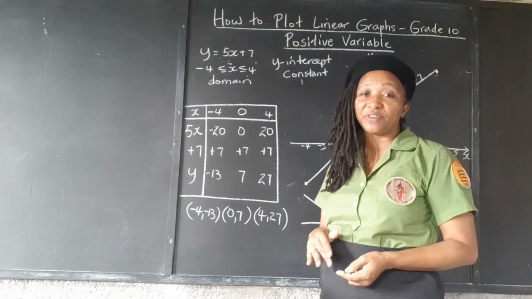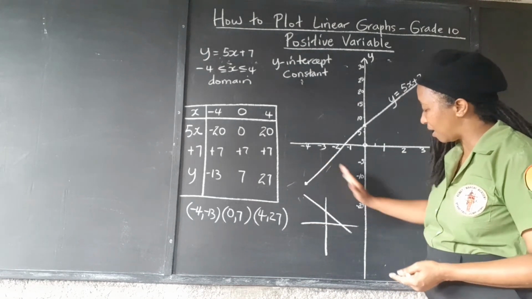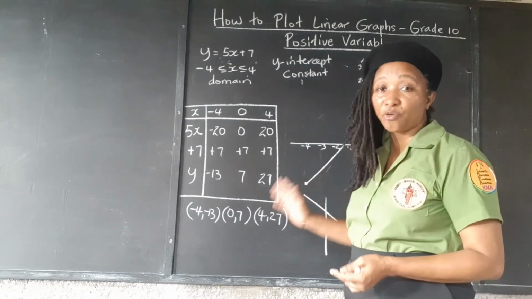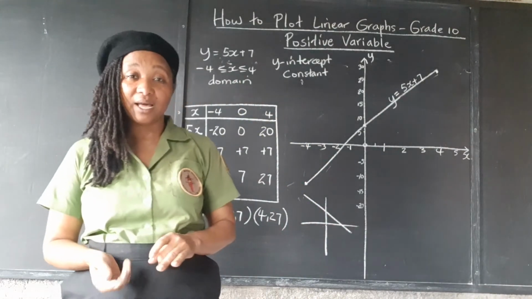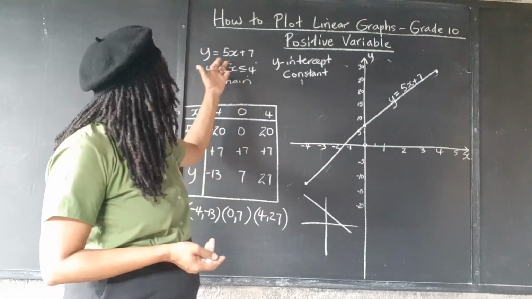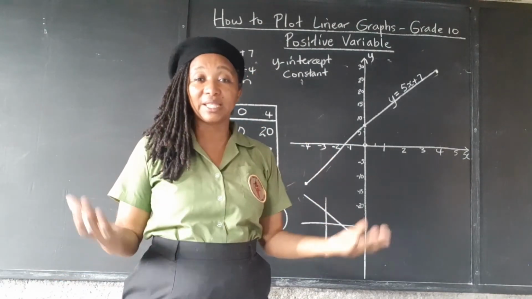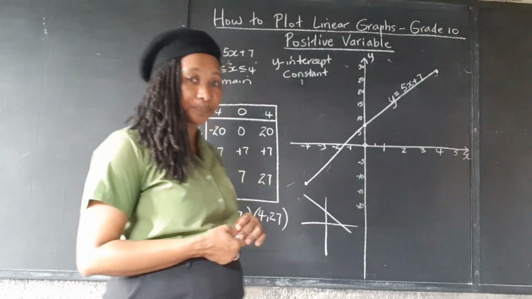If your x coefficient is negative, it should be going the opposite general direction. That's the orientation. So those are at least two things you can tell about what your linear graph will look like just by looking at the equation. You don't even do anything yet. Just looking at the equation, you should know that much.